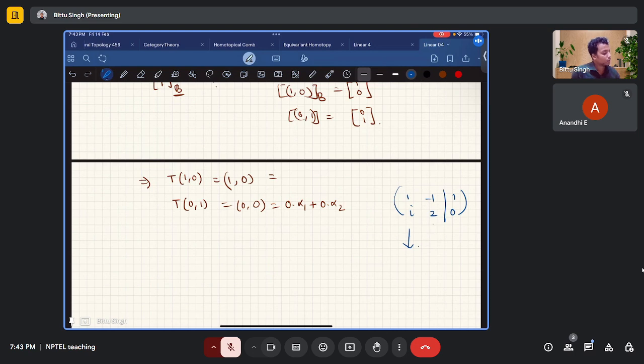To solve, we again perform row reduction. This is same as R2 minus I R1, which gives us 1 minus I, 1, and this is 0, plus I, that is 2 plus I, that is minus I.